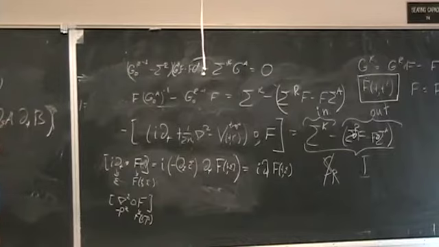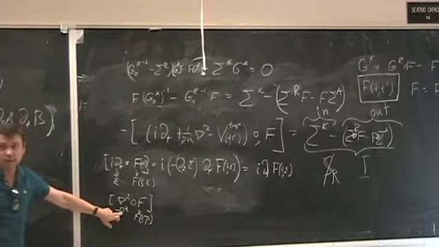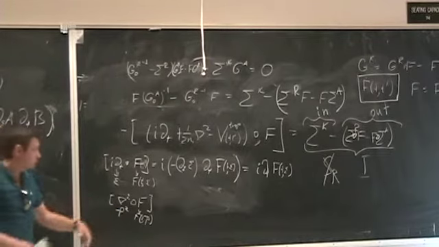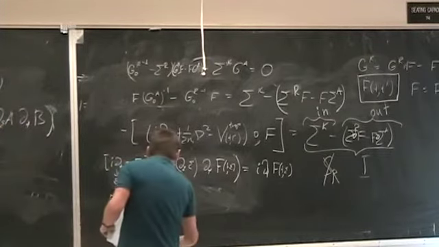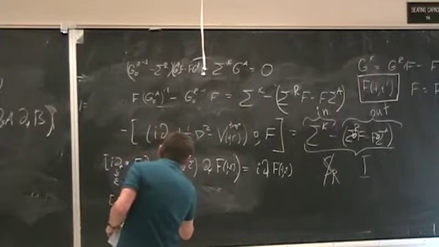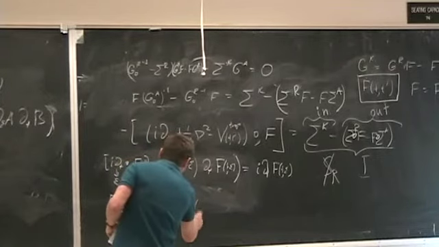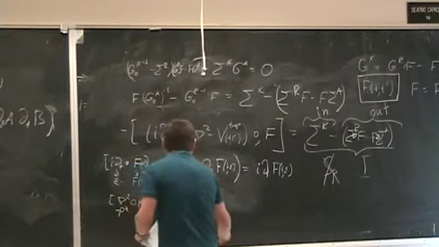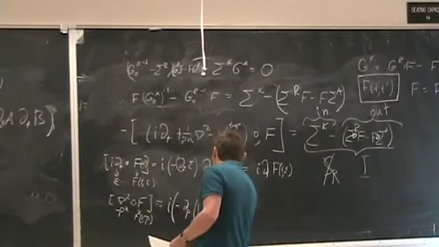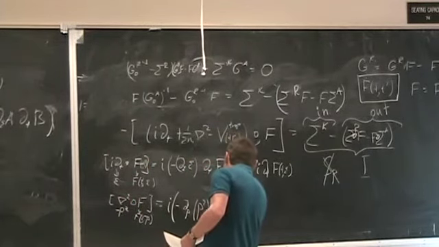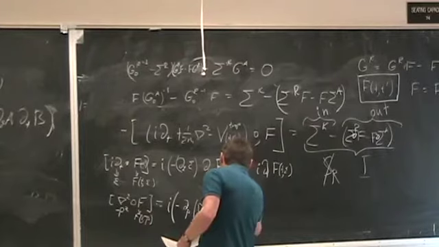If I try to take the derivative of p with respect to r, this is nothing. So all that I get is i minus dp of p squared, and then dr of f.